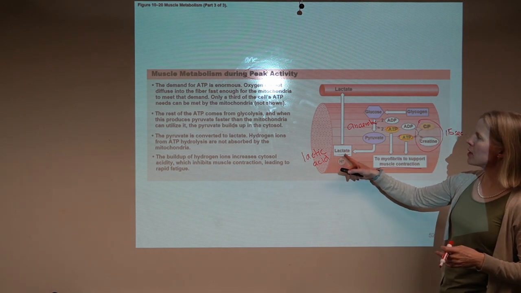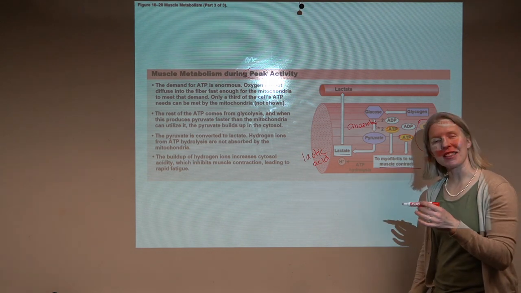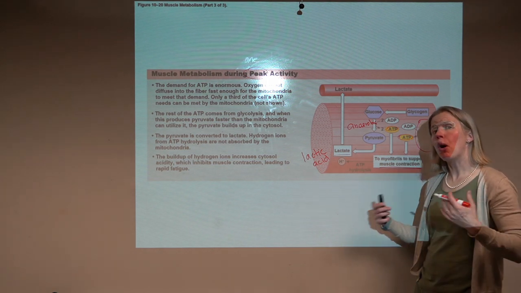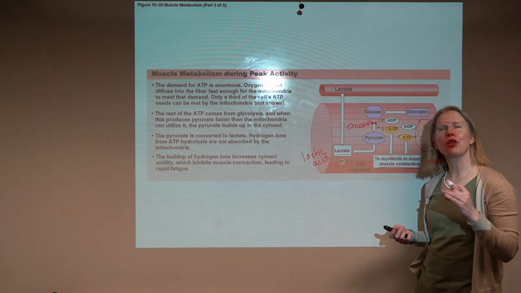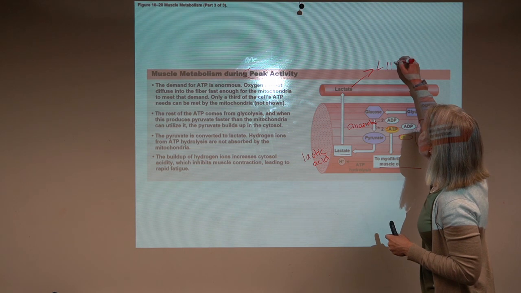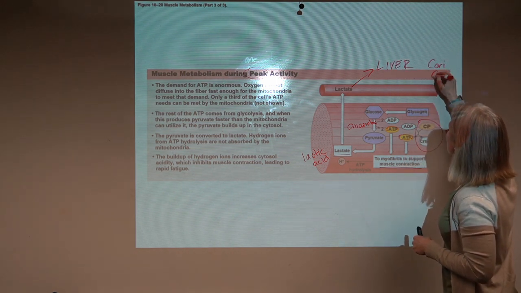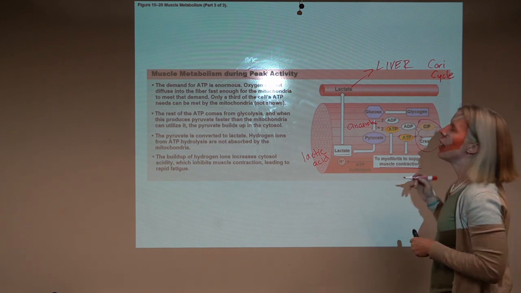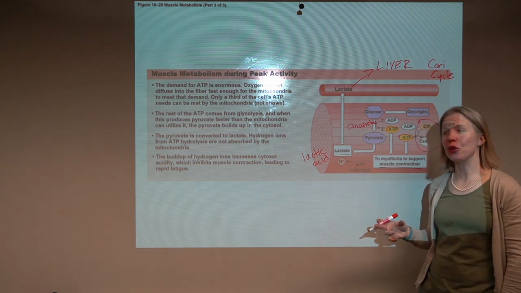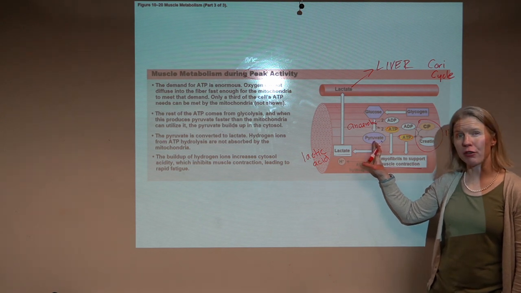And so what ends up happening is this lactate moves into the bloodstream. It's going to get sent to the liver, and post-exercise, your liver runs what's called the Cori cycle. That's where you're going to complete the metabolism. You essentially convert it back to pyruvate.